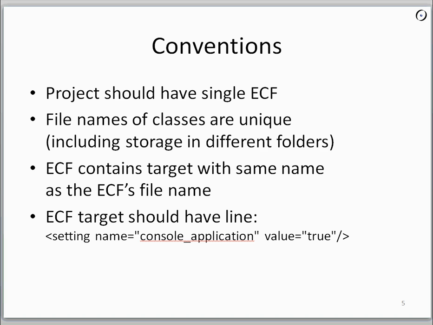The ECF should contain a target, which is the target used for the compilation, that has the same name as the ECF file name. And finally, the ECF should also include a line in the target saying that this application is a console application.